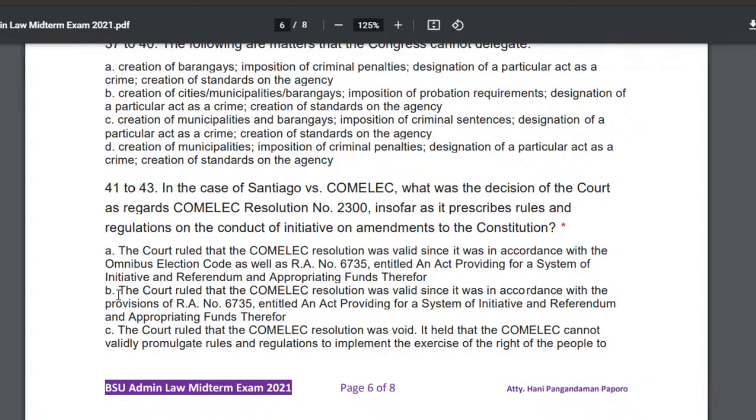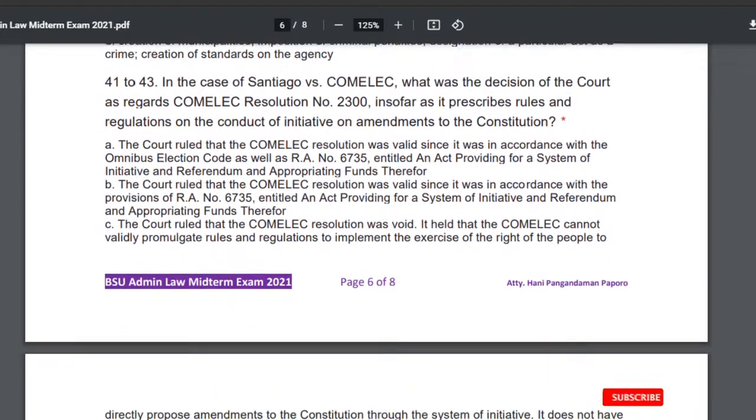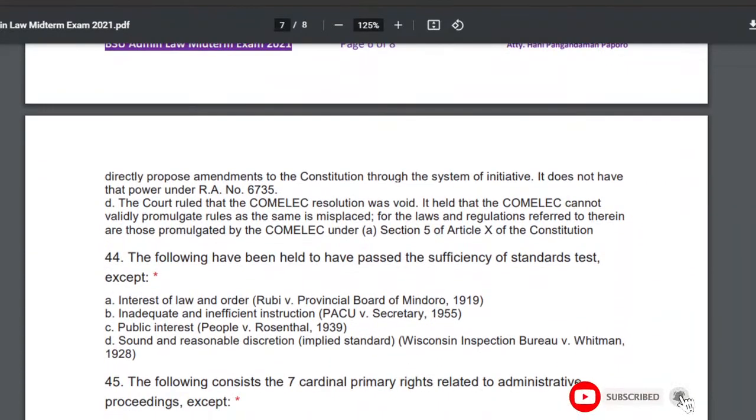Letter C. The court ruled that the COMELEC resolution was void. It held that COMELEC cannot validly promulgate rules and regulations to implement the exercise of the right of the people to directly propose amendments to the Constitution through the system of initiative. It does not have that power under RA number 6735. Or letter D. The court ruled that the COMELEC resolution was void.